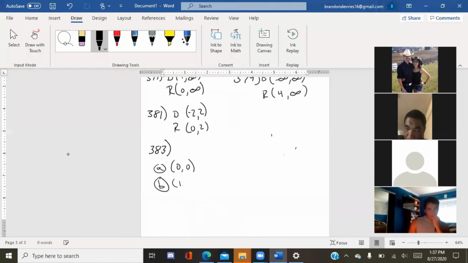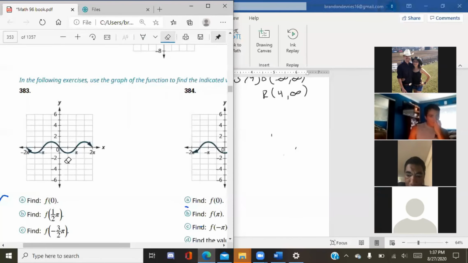I don't know how you found the y. The y is up and down, right? Since we're looking at half pi, that's what we're plugging in. So half pi is the x, sorry, not the y.